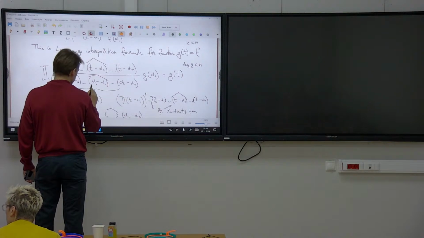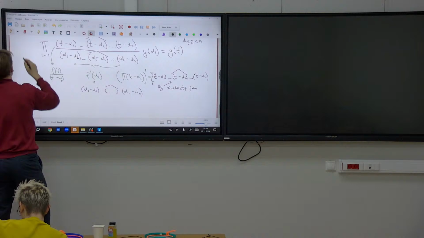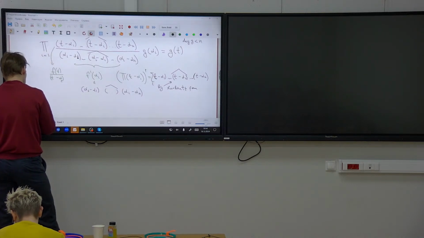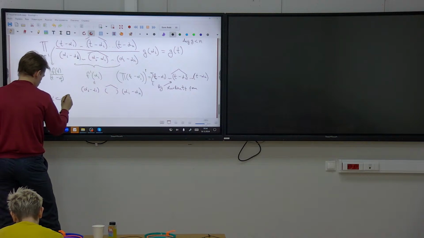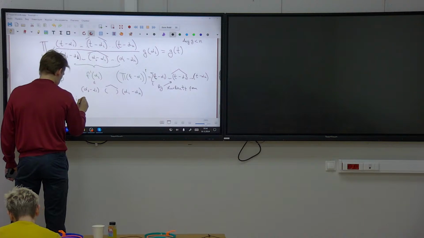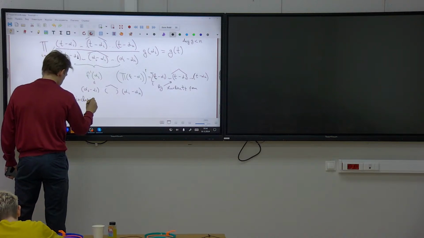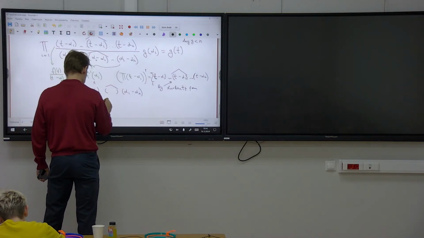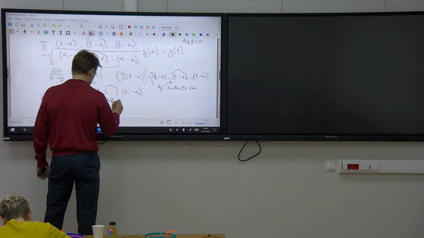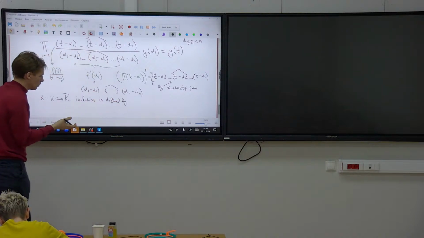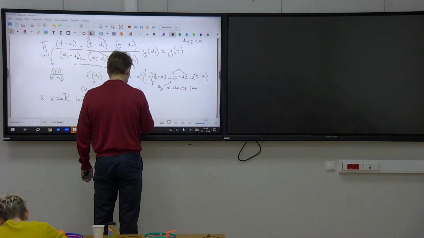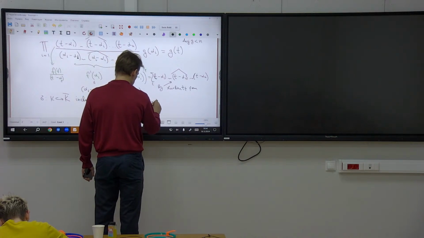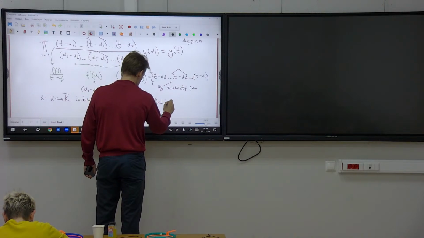So I want to write it down in terms of trace. Notice that if you have sigma, ranging over all possible inclusions of k into k bar, an inclusion is defined by its value on the generating element: applying sigma to alpha gives a root of f.